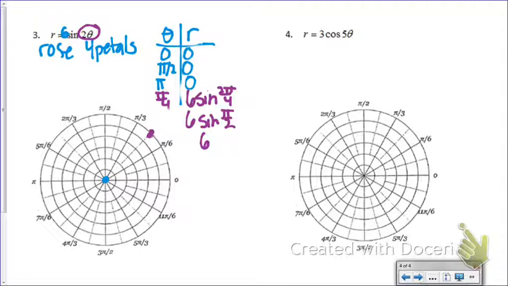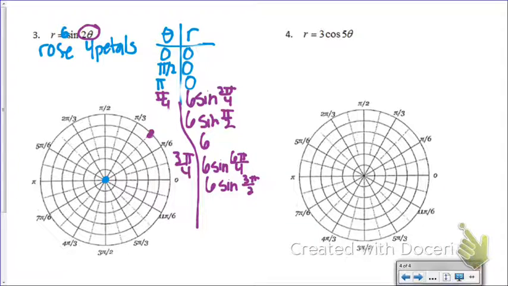Alright, if I want to see another petal in that rose, let's try 3 pi over 4. Another pi over 4 value. Okay, that's going to give me 6 times the sine of 2 times 3 pi over 4, which is 6 pi over 4. 6 pi over 4 is 3 pi over 2.